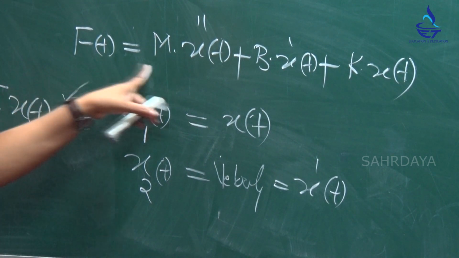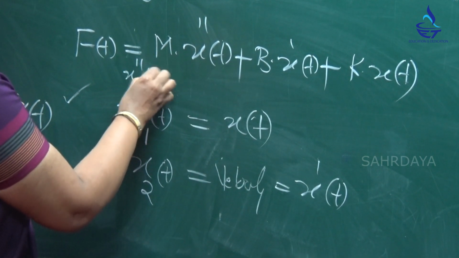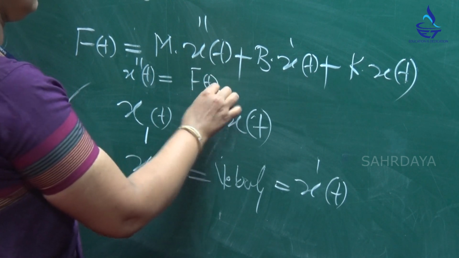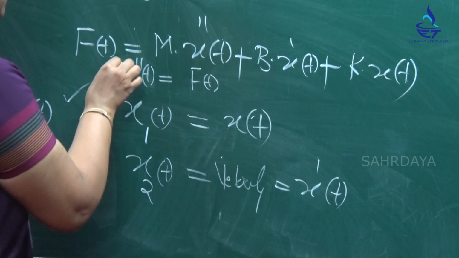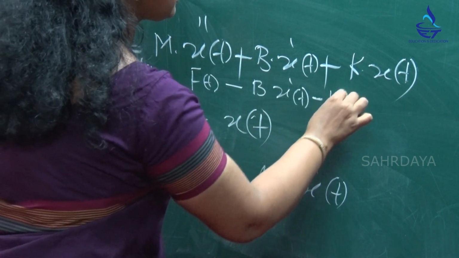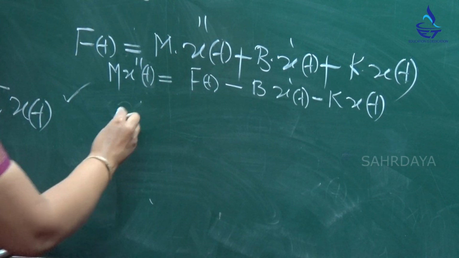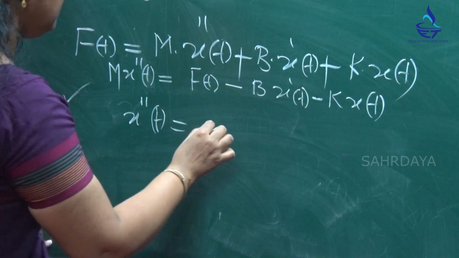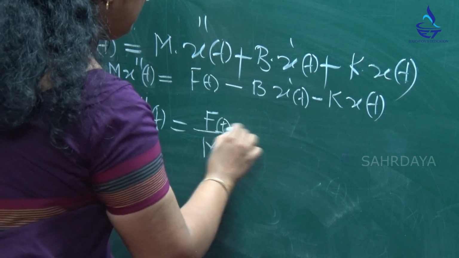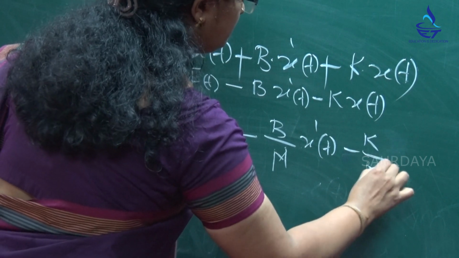Now I can rearrange this equation: m into x double dash of t is equal to f of t minus b x dash of t minus k x of t, or x double dash of t is equal to f of t by m minus b by m x dash of t minus k by m x of t.